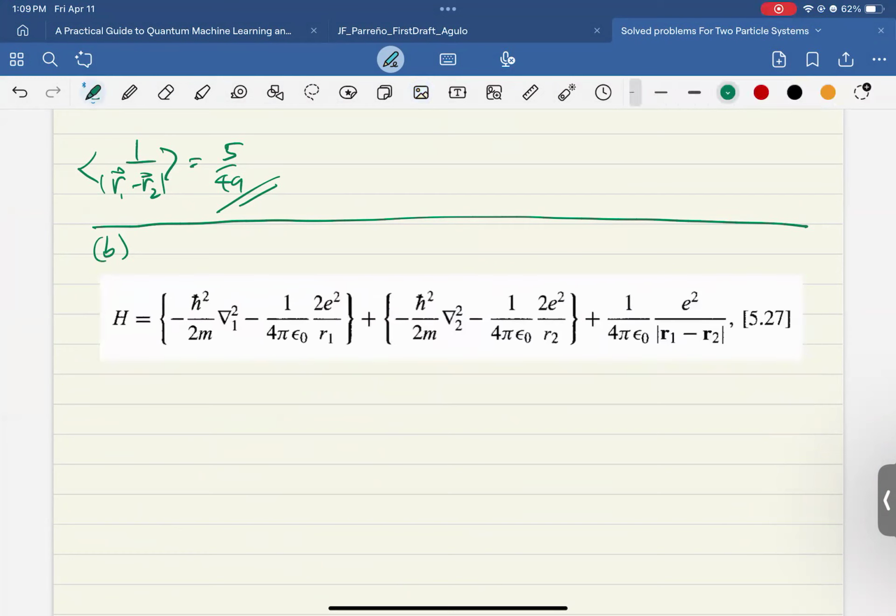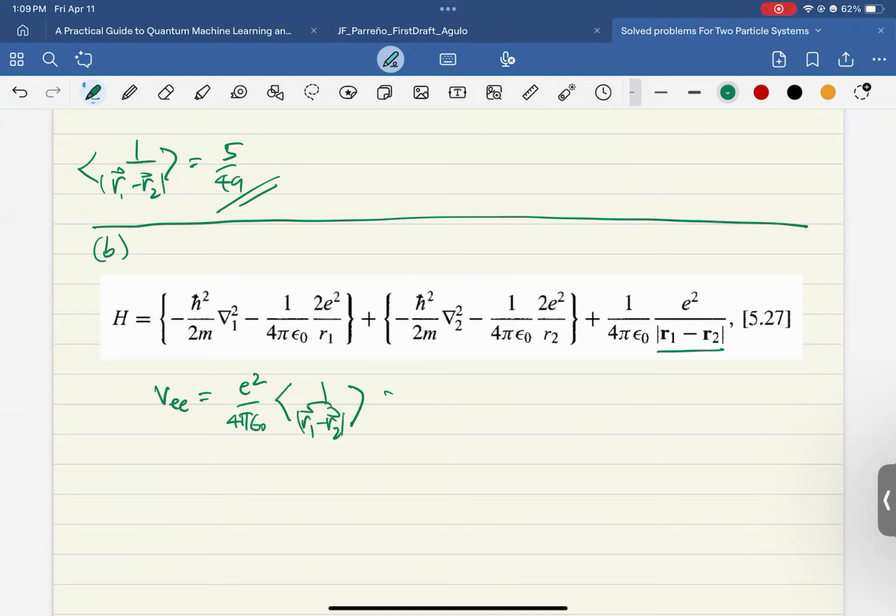Ito yung kinuha na natin na expectation value, yung 1/R1 minus R2. Okay. So ibig sabihin, to get the energy or the full potential has to include itong e²/4 pi epsilon naught. So yung electron potential includes e²/4 pi epsilon naught. Okay, expectation value ng 1 over R1 minus R2.